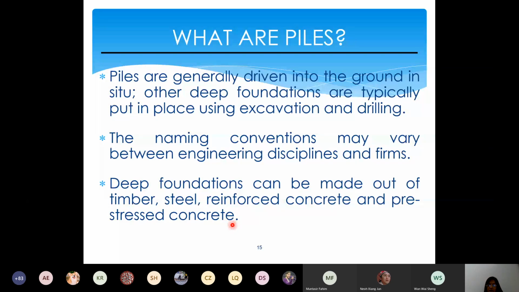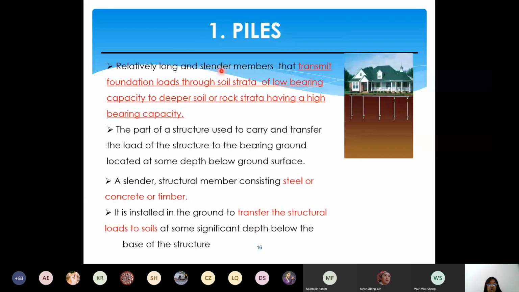We will see one by one, according to the situation, site condition, type of soil, type of loading, and type of climate. Piles are relatively long, slender, relatively strong members. The cross section may be just 10 centimeter, 20 by 20, depending on the design.